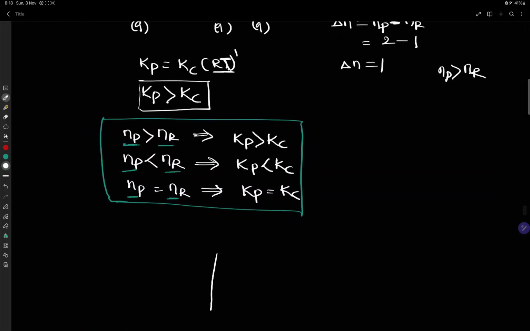Units also depend on the delta N value. What are the units of Kp?